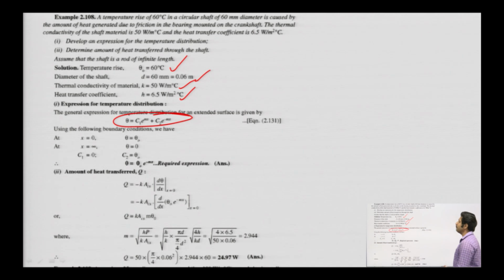Using the following boundary conditions, we got the required expression. Otherwise, this thing we have already discussed in my previous slides. So amount of heat transferred Q, we all know the formula of Q. M is this, just calculate M and then you calculate the Q. So it's pretty simple, right?